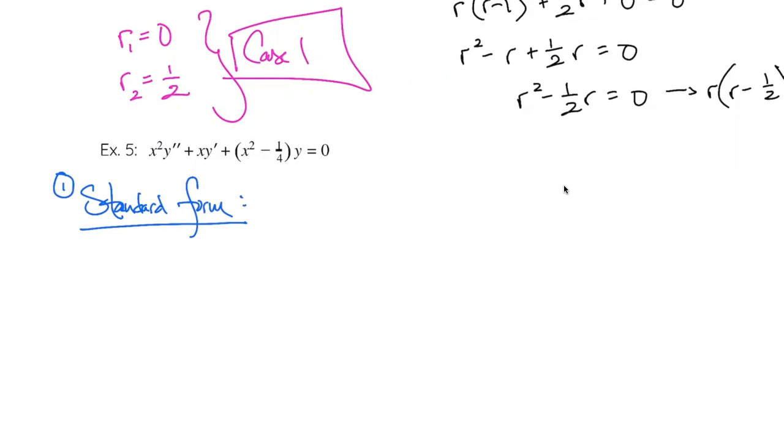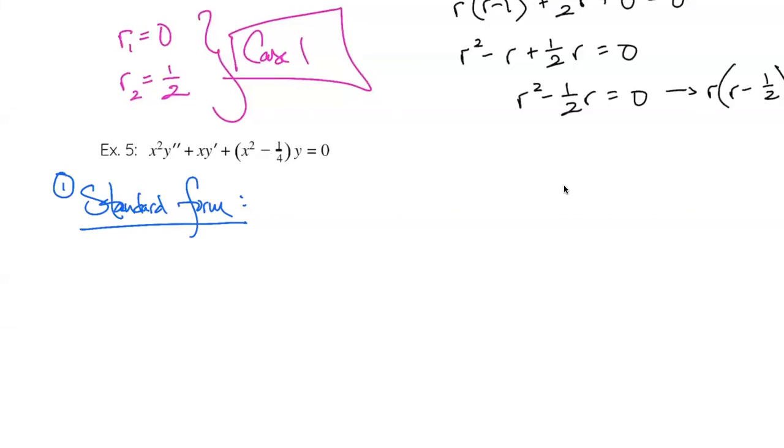And after we do that, we're going to find our little p of x and our little q of x using the formulas from the previous page. We're going to use those to find our a sub 0 and our b sub 0. And then we're going to plug those into our initial equation so we can determine how these roots work.